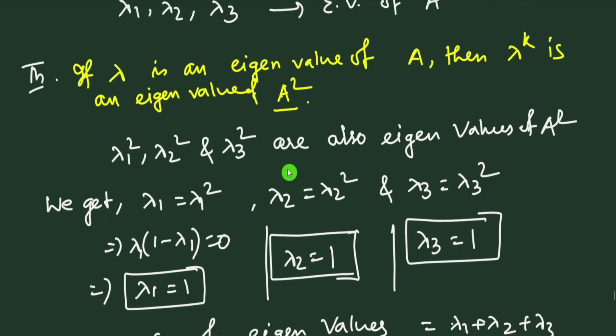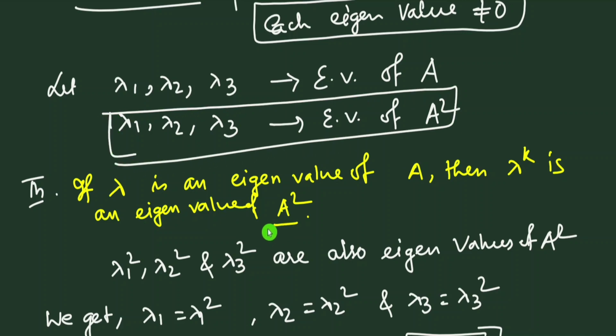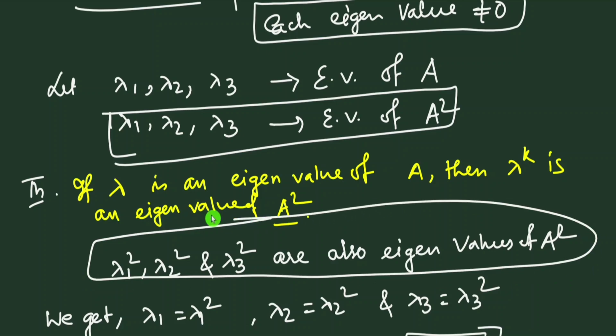Now, lambda 1, lambda 2, lambda 3 are the eigenvalues of A, and lambda 1 square, lambda 2 square, and lambda 3 square are also eigenvalues of A square. This gives determinant of A square equal to the product of eigenvalues, that means lambda 1, lambda 2, lambda 3.